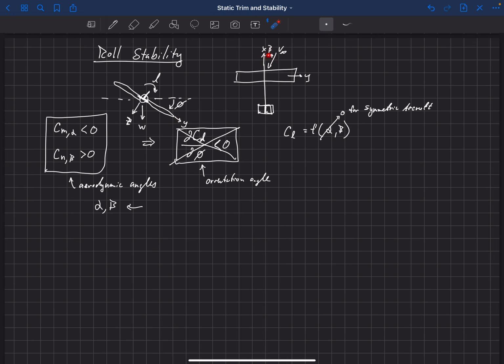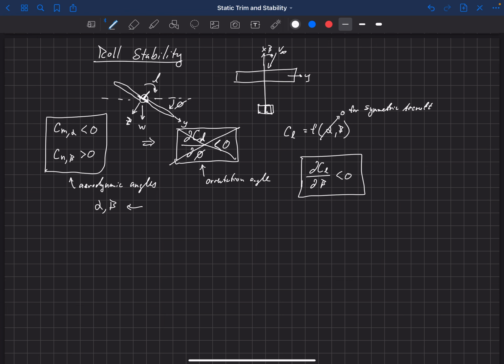That will increase beta, so an increase in phi creates an increase in beta. The way we define roll stability is that the change in rolling moment with respect to beta must be less than 0.